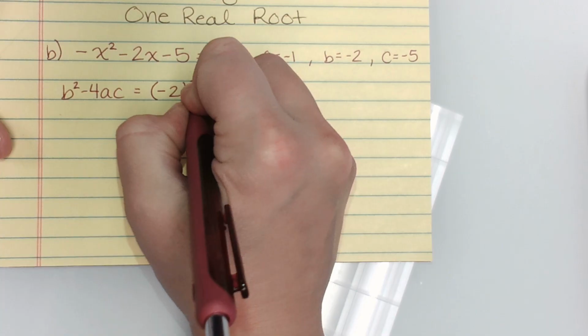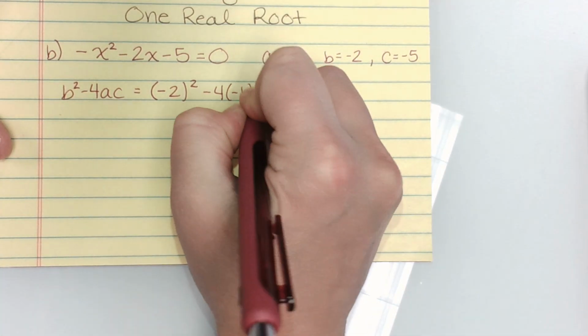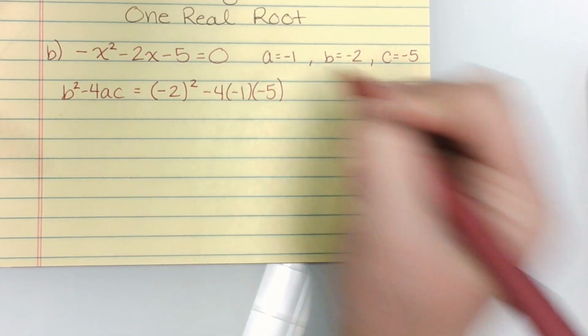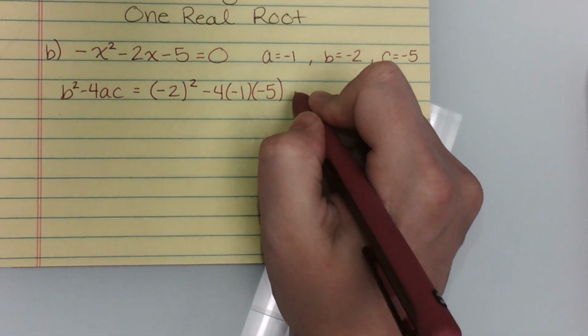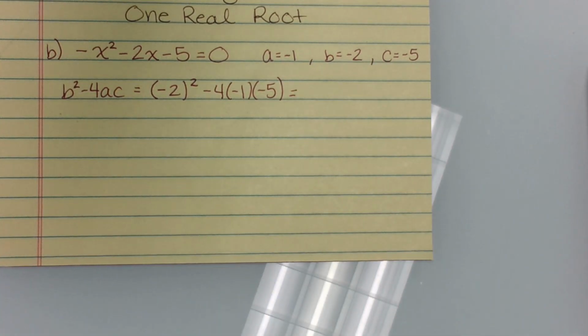Negative 2 in parentheses squared minus 4 times negative 1 times negative 5. Luke got negative 16. Can anyone else verify?